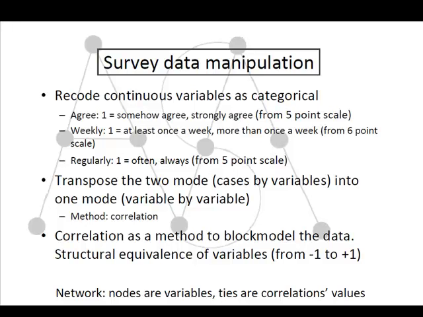So first of all, I needed to find a way to make all these variables similar, because I had ordered variables, categorical variables, and all these kinds of variables. So in my case, I decided to make everything categorical. For example, I had a Likert scale of agreement, if we can call it a Richter scale. Yes, we can, actually. And so value 1 is now people who somewhat or strongly agree.